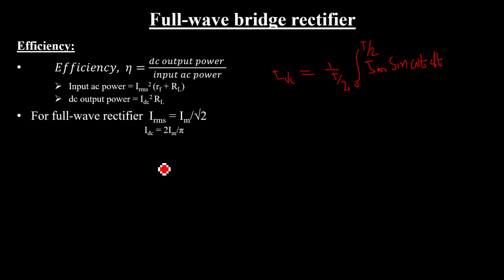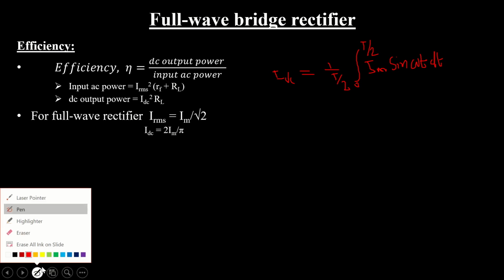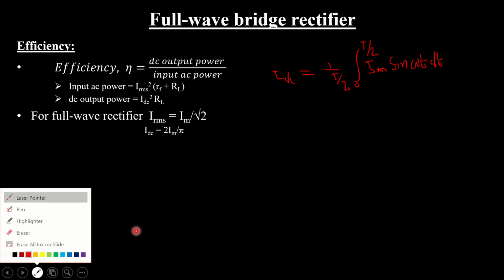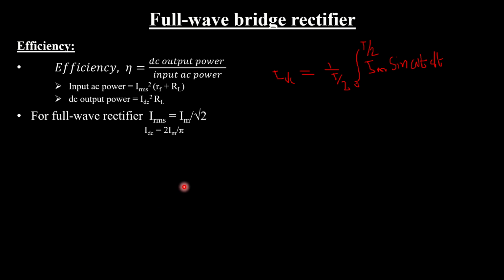If you repeat the same procedure, you will get IDC and IRMS. IRMS is found to be Im by root 2 and IDC is found to be 2 Im by pi.